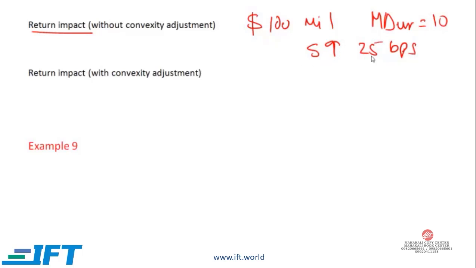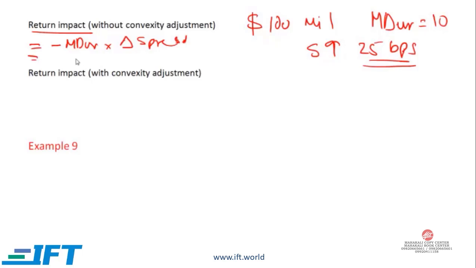So the change in yield spread is 25 basis points. Now to calculate the return impact without any convexity adjustment, we use the simple formula that we learned at level 1, which says that the return impact is equal to minus modified duration multiplied by the change in spread.